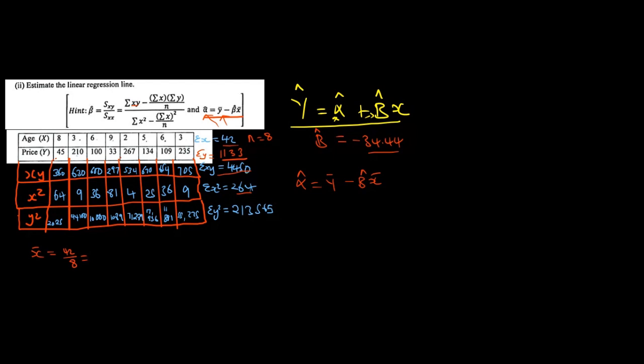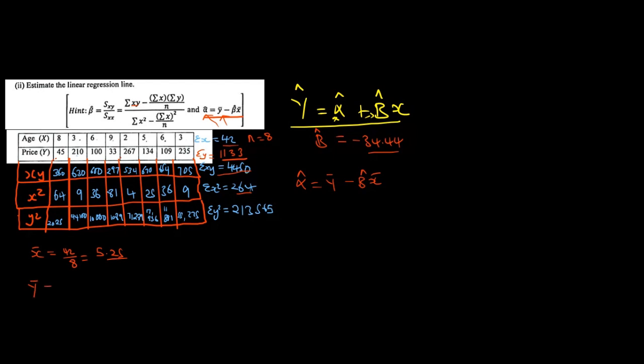So what will be our mean of x? You just go on your calculator and punch in 42 divided by 8, which gives me 5.25 as my mean in terms of x. What about my mean in terms of y?